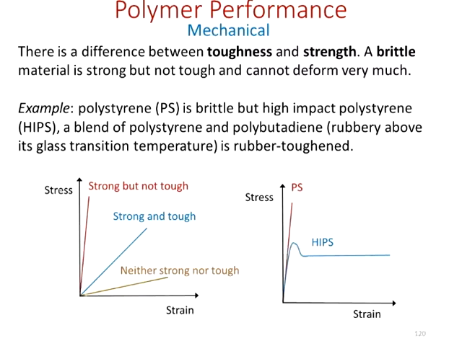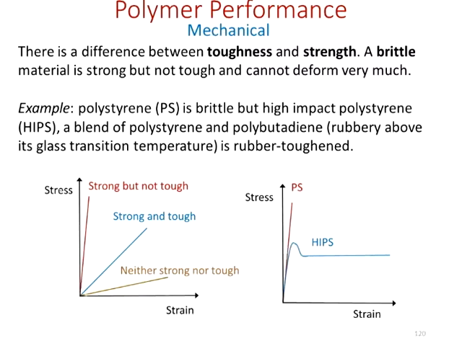High impact polystyrene, called HIPS, which is a blend of polystyrene and polybutadiene rubber, is rubber toughened. Okay, so with rubber toughened, you get a different curve. And so we show you some examples of what these curves might look like, the stress-strain curve and the relationship of that stress-strain curve.